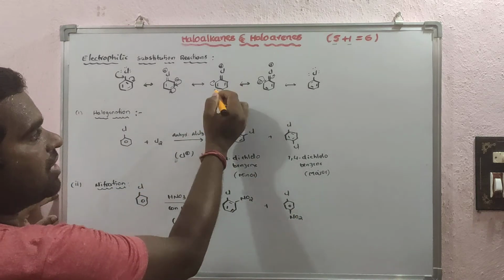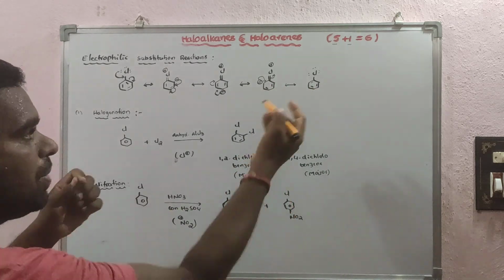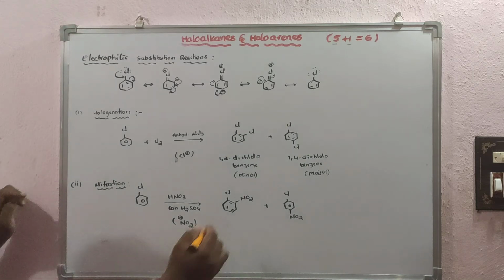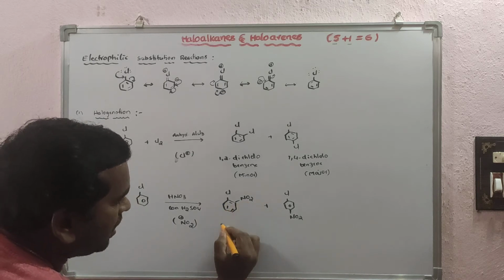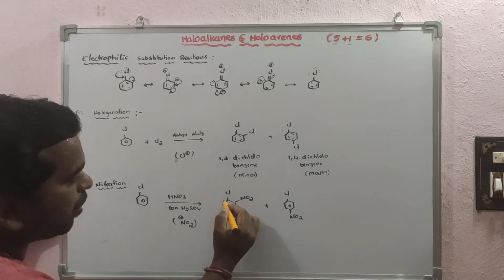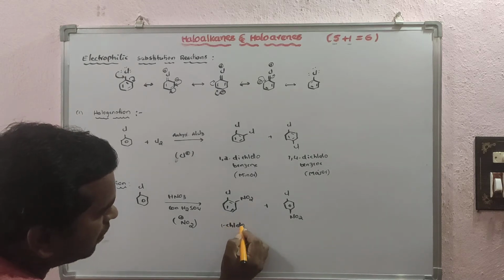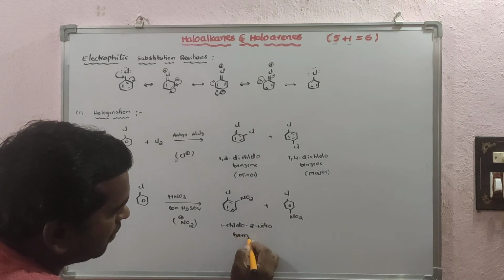Why? You see in the resonance structure, on the meta position is there any negative charge? No. The meta position is not electron rich, so attack will not take place there. And what is the compound here? 1-chloro-2-nitrobenzene.